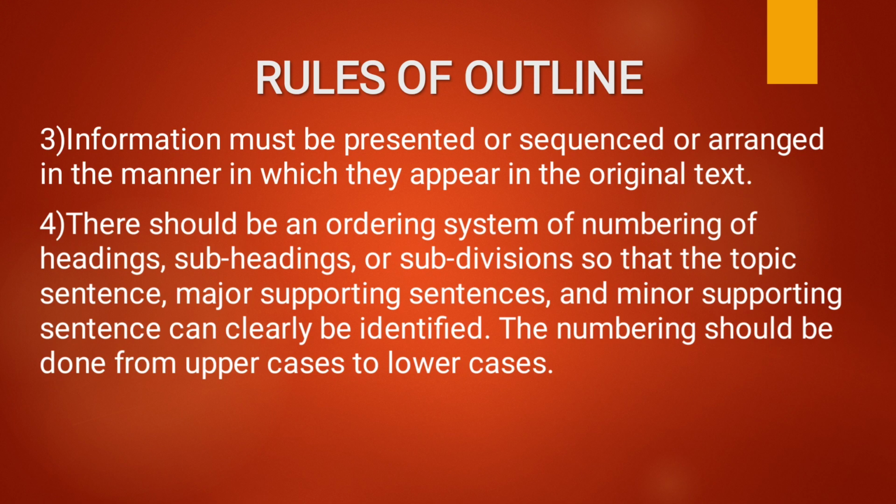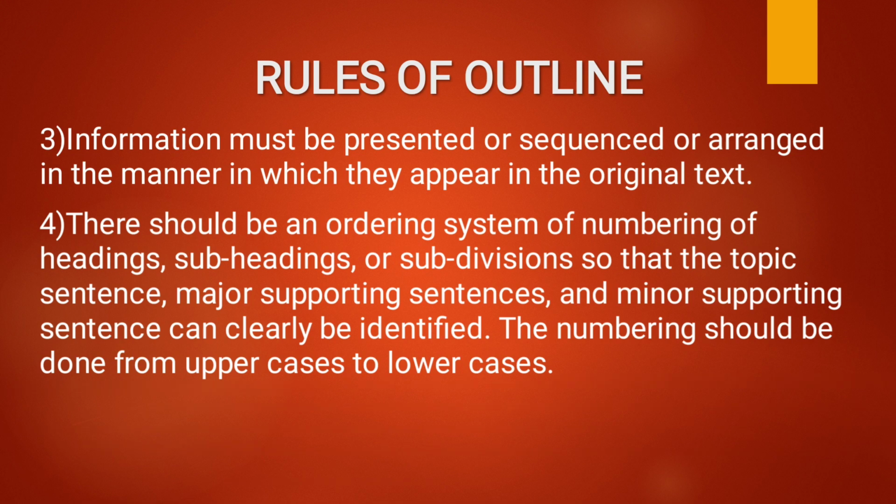Now, if we are working on teenage pregnancy as a passage, we are saying that there should be an ordering system. You can start with 1 or capital letter A, the ordering system. And then that ordering system, number them. Point 3 says that it should be presented in a sequential form, arranged in an orderly form.